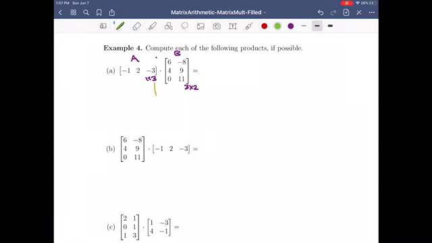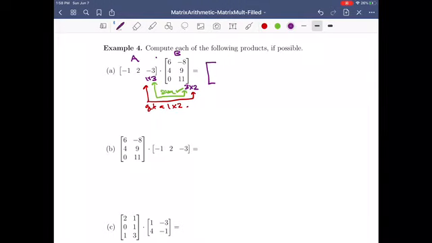Okay, so notice that those are the same. So that means that we can do the multiplication, and what we're going to get is a 1 by 2 matrix. Okay, so we sort of know what the size is going to look like.